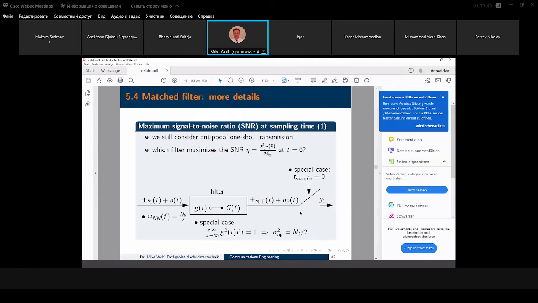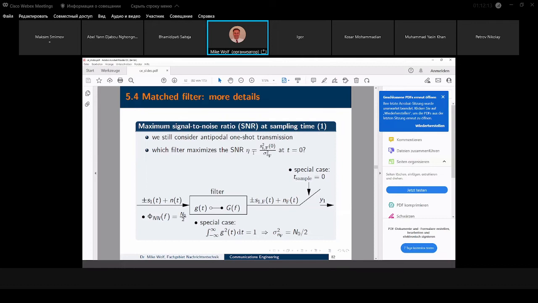I don't want to do this derivation here on my note, I just showed it on the slides. The derivation is not so complicated, as you can see. I just want to prove that this signal-to-noise ratio, we said this is Eb by N0, as you remember.